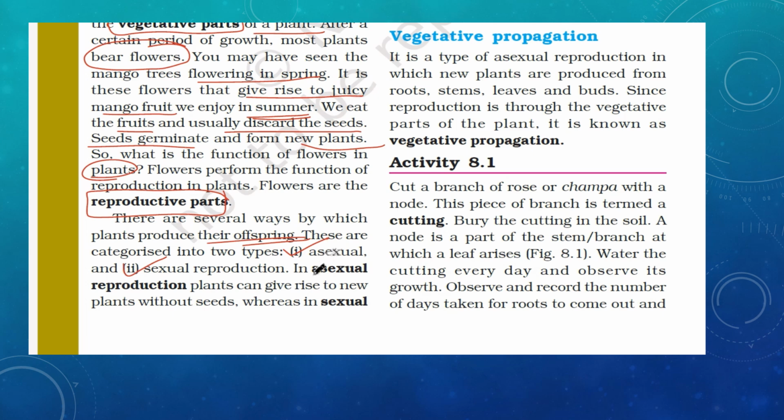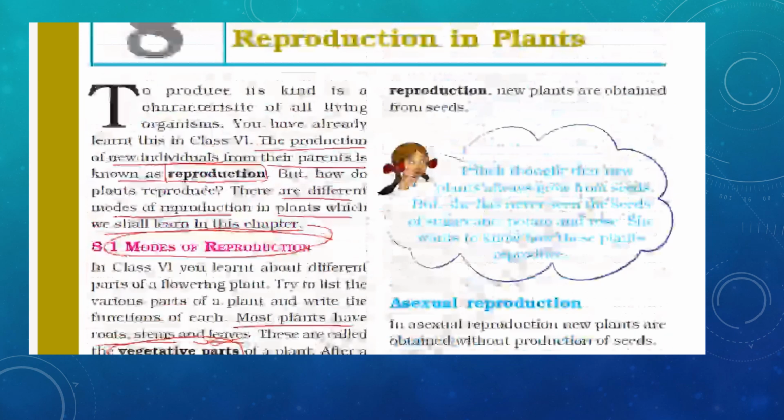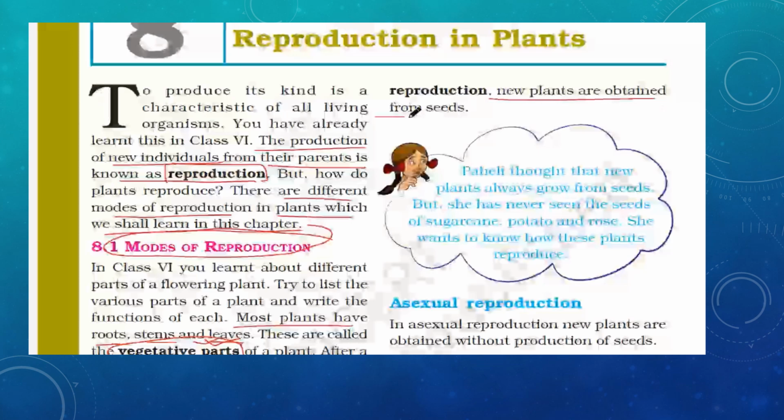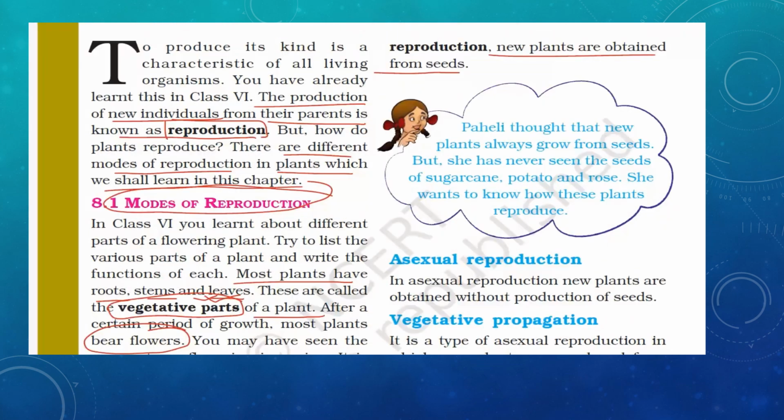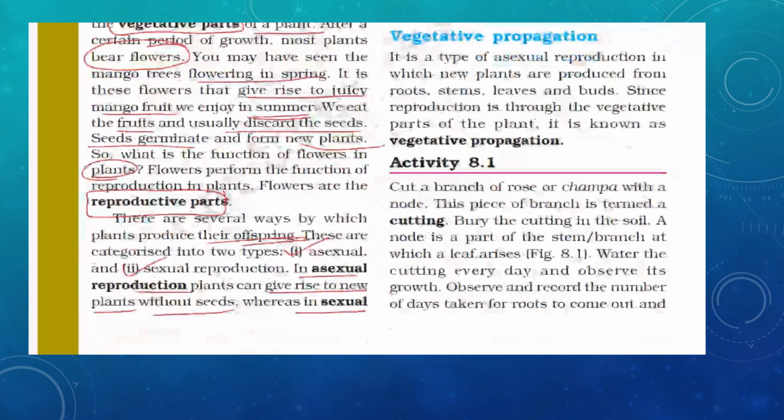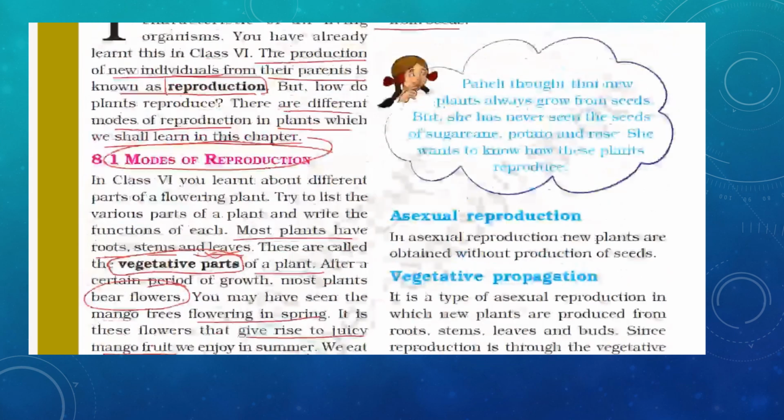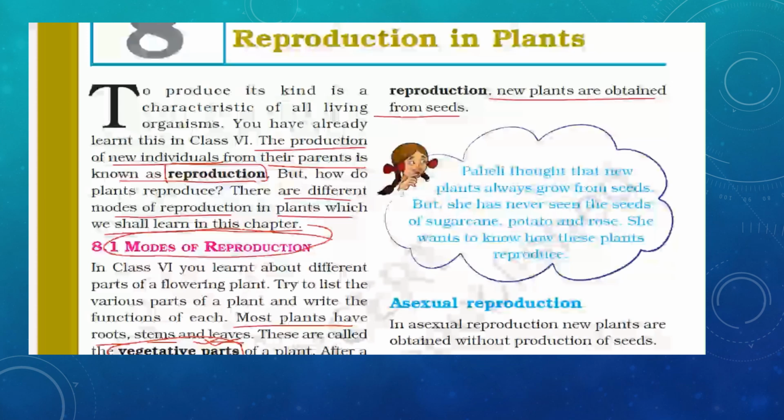In asexual reproduction, plants can give rise to new plants without seeds, whereas in sexual reproduction, new plants are obtained from seeds. Is it clear? So in asexual reproduction, plants grow without seeds, whereas in sexual reproduction, they grow from seeds.